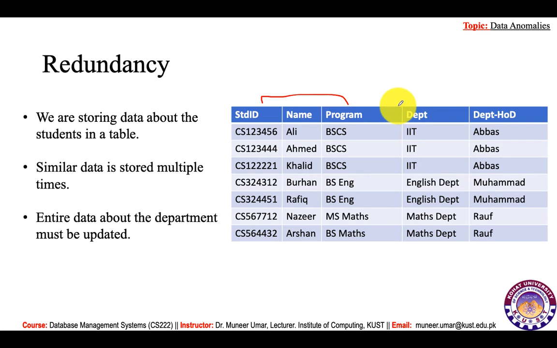So we have also some data about the department. Now, if you look into this table, these things are correct because these are associated with the student and we cannot design in a more efficient way so that these can be reduced because these all are not repeated.